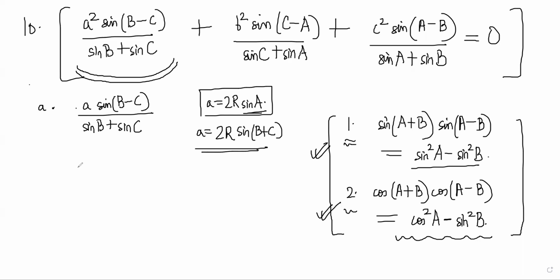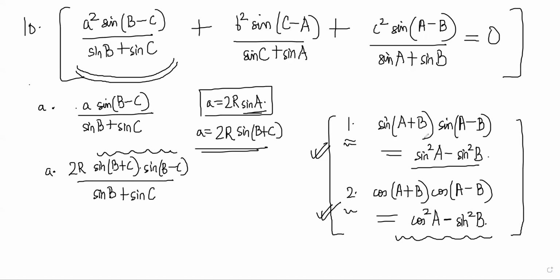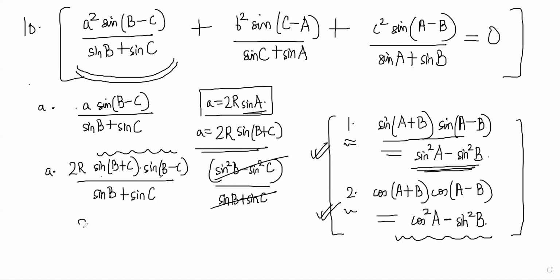So what will happen here? 2R sine of B plus C multiplied by sine of B minus C. If I use the identity now, it will become sine square B minus sine square C on top, divided by sine B plus sine C. So we get 2aR times sine B minus sine C, right?